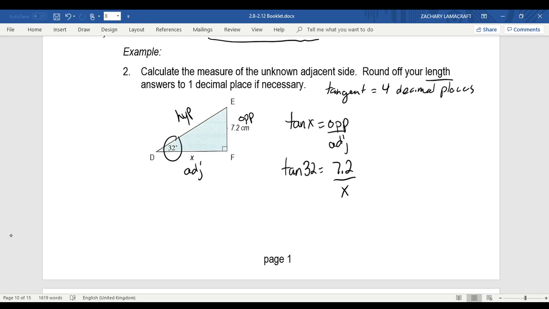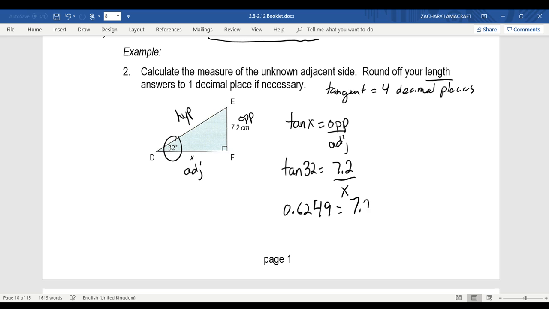Yep. 0.6248, or 9. Should be 0.6249 technically, if we round it to 4 decimal places. But yeah, it's 0.62486 and a whole bunch of different numbers after that. If we round that, that's what it goes to.